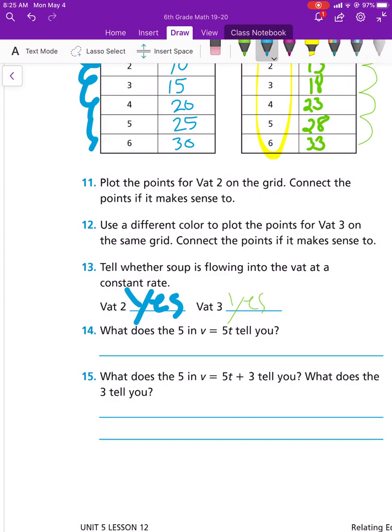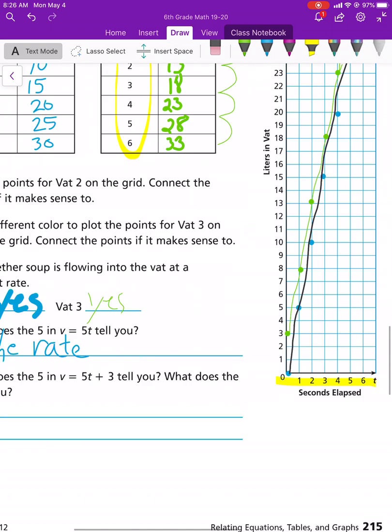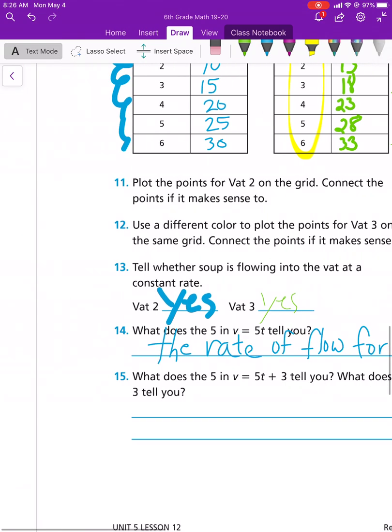If you said the rate of flow for the soup in liters per second, you're correct. It's the rate. So let's write that, the rate. And again, you should be writing all of this into your math notebook, right? I shouldn't have to tell you that at this point. So the rate of flow for the soup in liters per second.